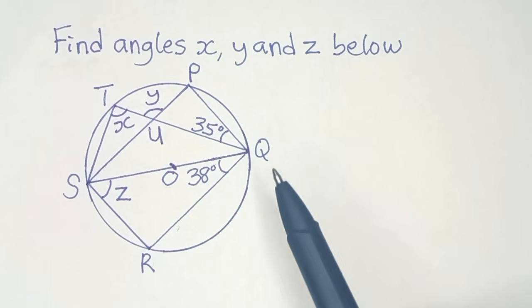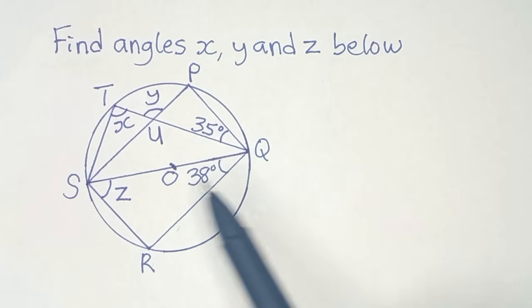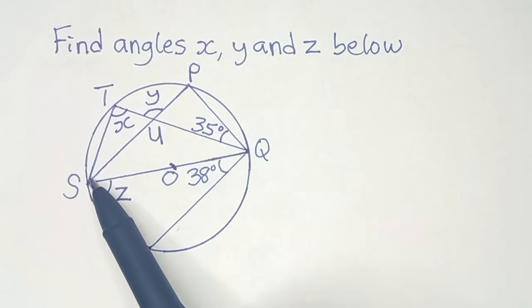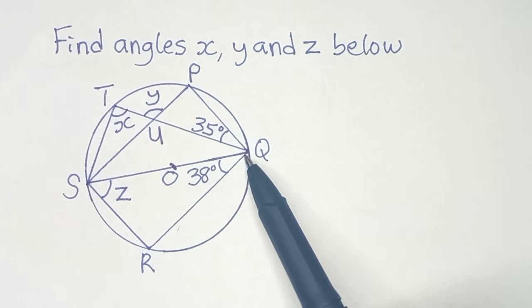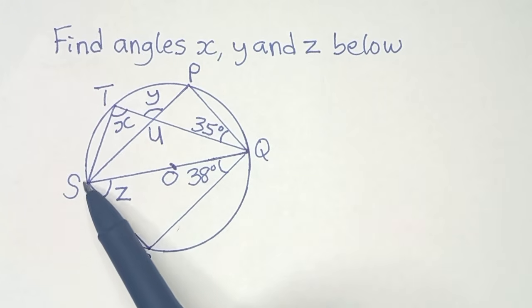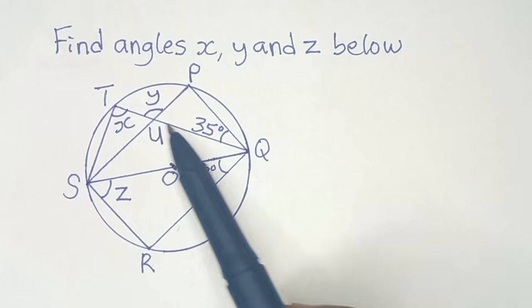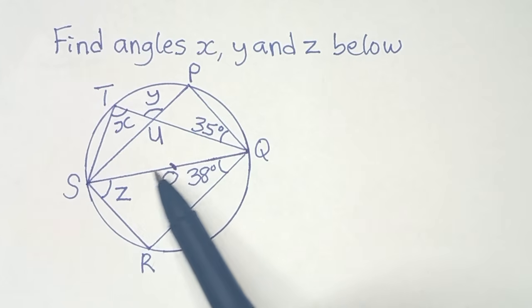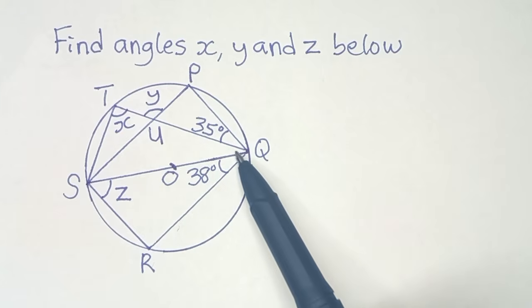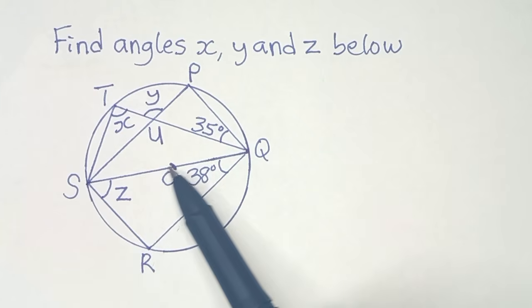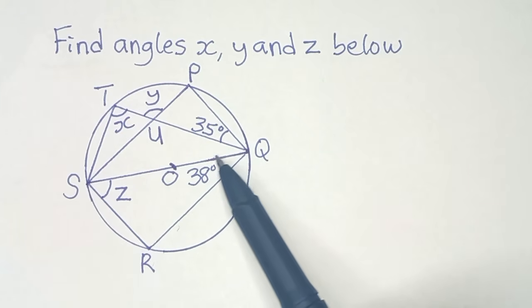Now, what you need to do to apply the theorem for that diameter line is to trace the triangle that the diameter line forms in the circle. You can see this triangle STQ. Once you trace the triangle, look at the angle that is opposite the diameter line, the angle that is facing the diameter line.